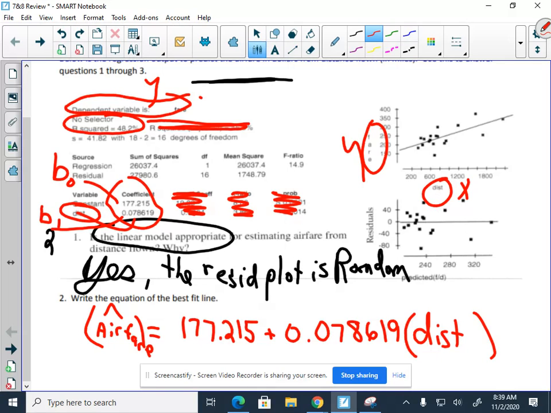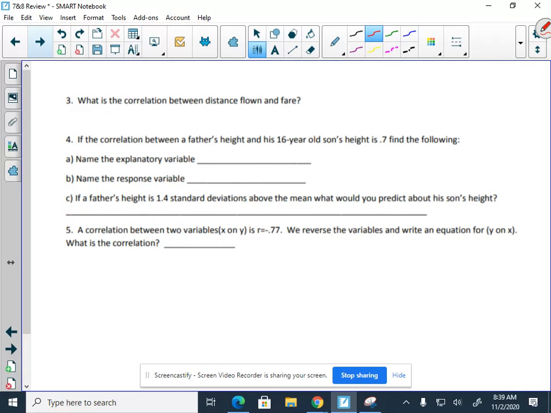All right, now R squared is 48.2. So I didn't want to squeeze too much on this page. So this still goes, what is the correlation between the two? Well, we know R squared is 48.2. So first, make sure you make this a decimal. If you don't make it a decimal, you will not get it correct.